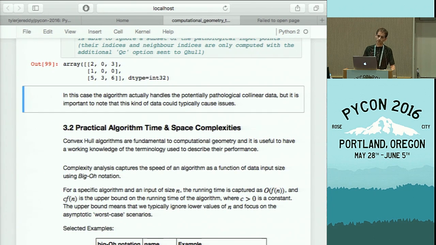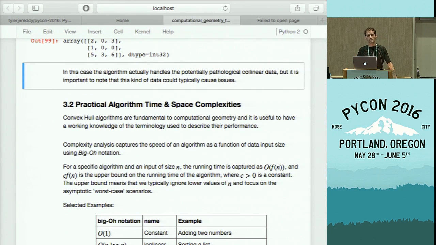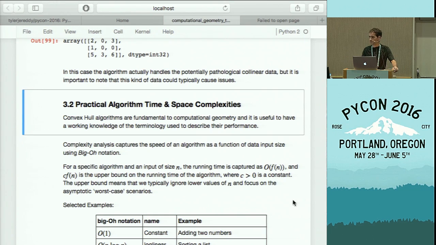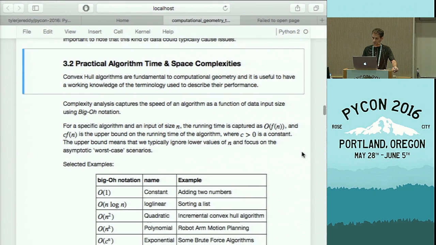But again, it's important if you're writing your own custom code to think about those sorts of potentially pathological data inputs. So the convex hull is, I think, a sensible point to start talking about algorithm time complexities, because we want to know how long it takes the code to run.